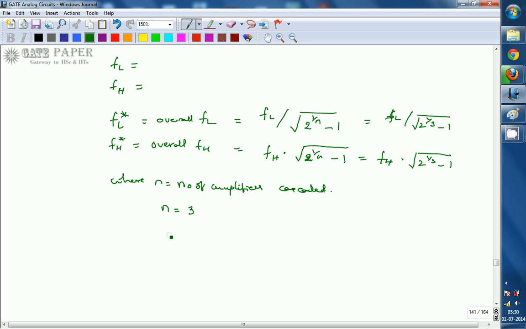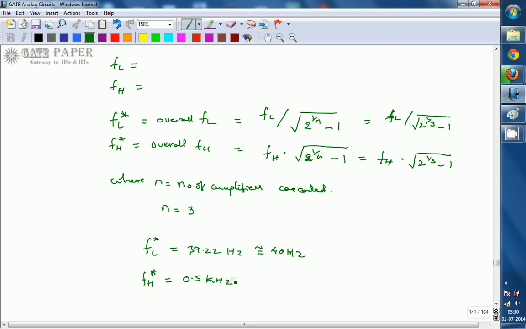If you substitute the values, FL with cascading is 39.22 Hz, which is approximately 40 Hz, and FH with asterisk is 0.5 kHz. So this is what we get.